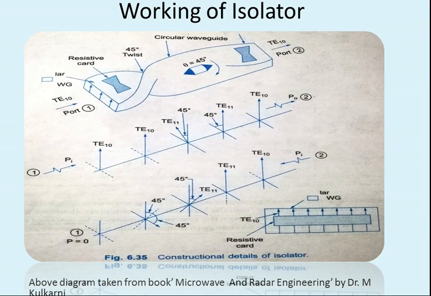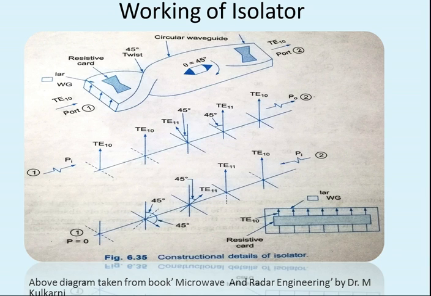So consider a TE10 wave passing from port 1 through the resistive card and is not attenuated. After coming out of the card, the wave gets shifted by 45 degrees because of the twist in the anti-clockwise direction, and then by another 45 degrees in the clockwise direction because of the ferrite rod.